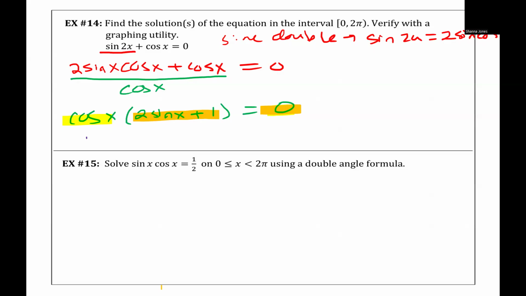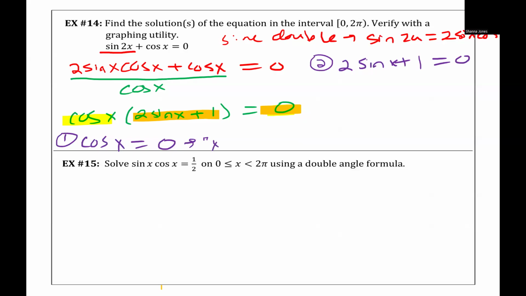I'm going to write the easiest one down here. Cosine x equals 0 is problem number 1 we have to solve. And our other factor we had was 2 sine x plus 1 equals 0. That's our second one. So on the first one, cosine x equals 0, what are we asking ourselves?